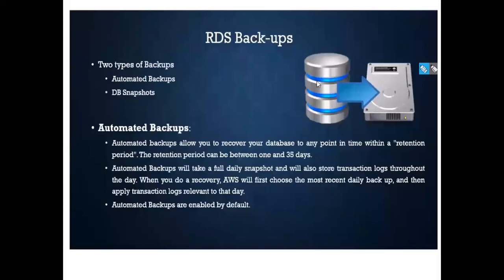Automated backups means every day the backup will be taken by the RDS service automatically. DBAs don't need to do that. This backup will be maintained for a number of days, which is called the retention period. The backup can be available from 1 day to 35 days. It's up to your settings: however many days you want the backups to be maintained, that many days the backup will be maintained.